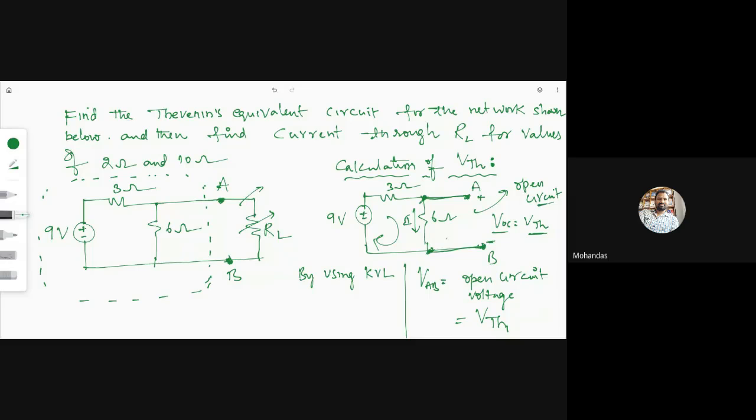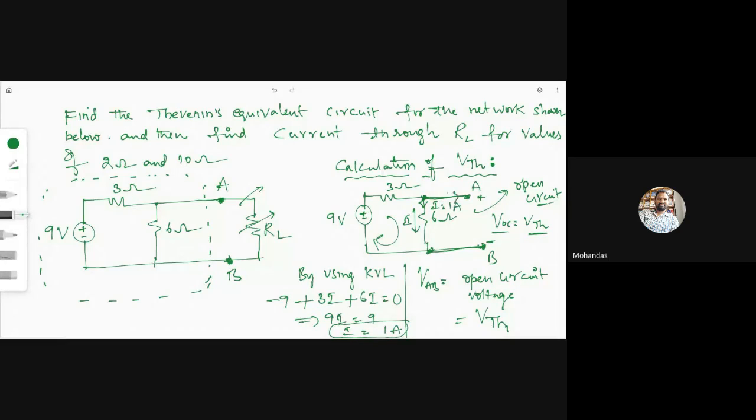In this loop, please tell me the KVL equation. -9 plus 3I, as a simple single loop, let us say I, 3I plus 6I equal to 0. That implies 9I equal to 9. Then what is the I here? 1 ampere. So the current flowing through this is I equal to 1 ampere.